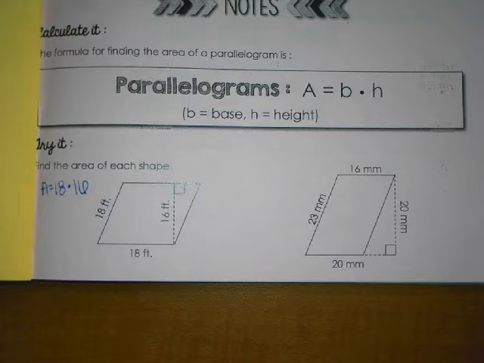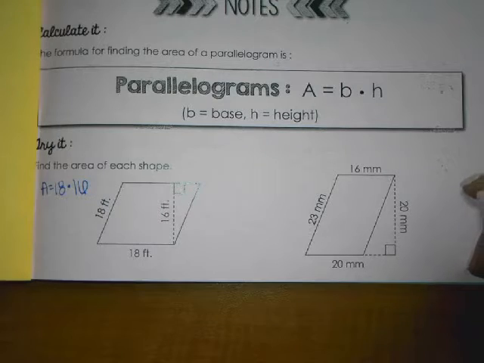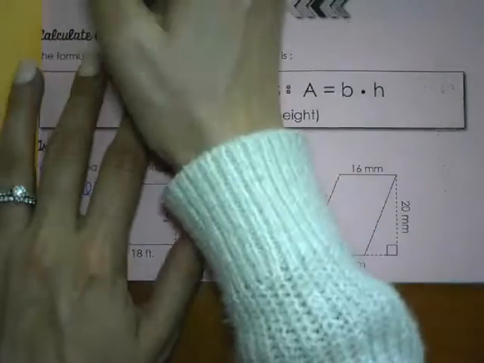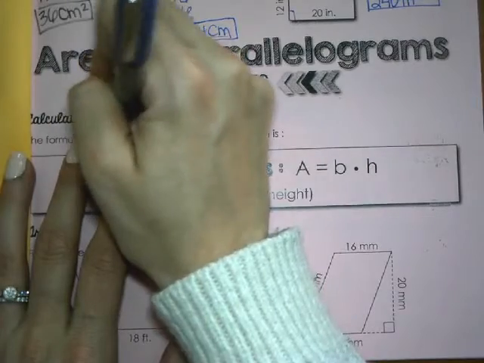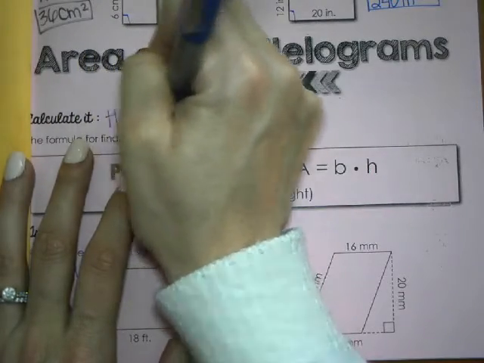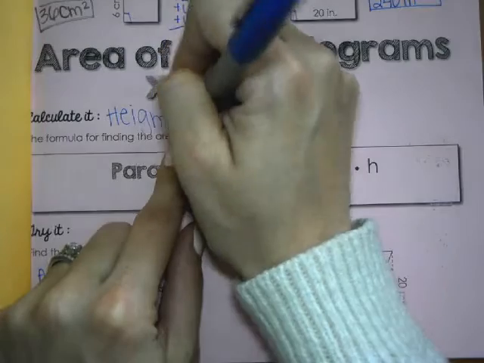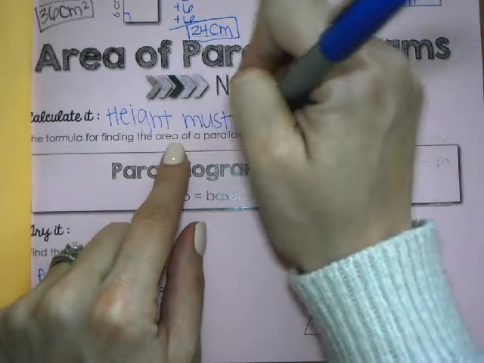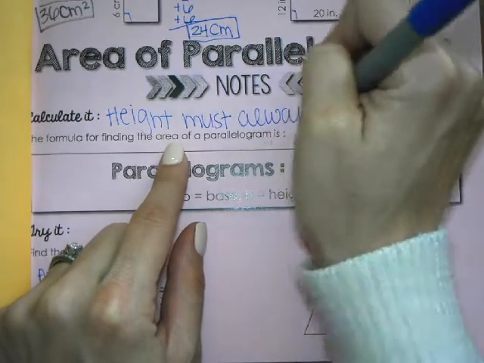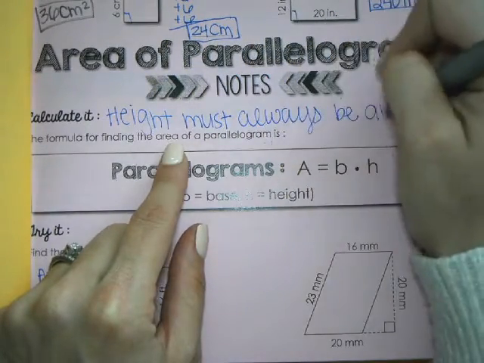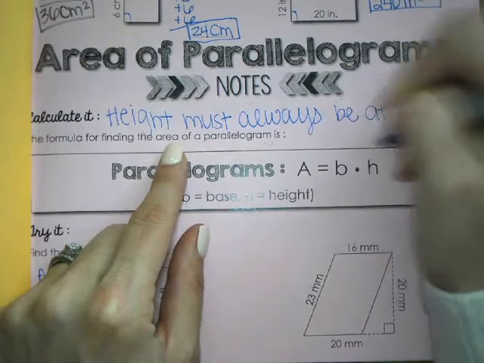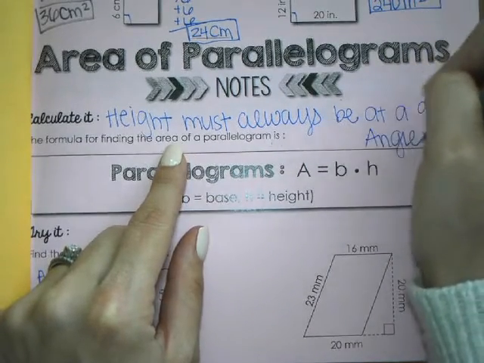Abram? Absolutely. That is the perfect way to say it. So write this down, guys, because it's always going to be true no matter what the shape is. I don't care what the shape is. Your height must always be at a 90-degree angle.